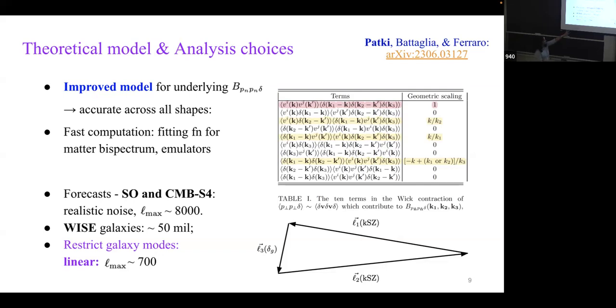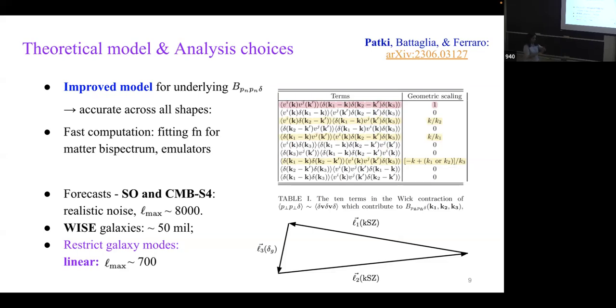The theoretical model is a little complicated because your electron momentum p is density times velocity, so it essentially becomes a 5-point function. In the end, you end up with 4 non-zero terms, which you add up together to give the final theoretical model. This is just from perturbation theory, but the point is that the theoretical model has been improved in recent years, and it's reasonably accurate as of now.